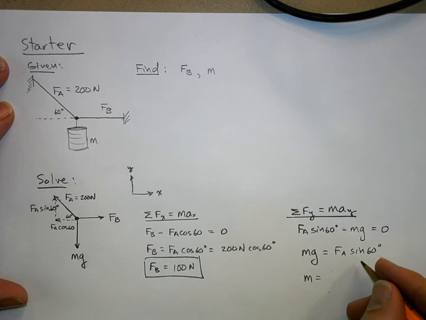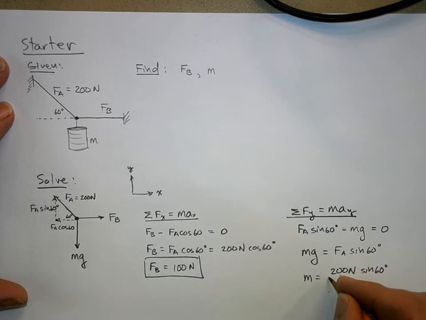And let's go ahead and plug in the numbers just to save a little time. And divide by 9.8 newtons per kilogram.